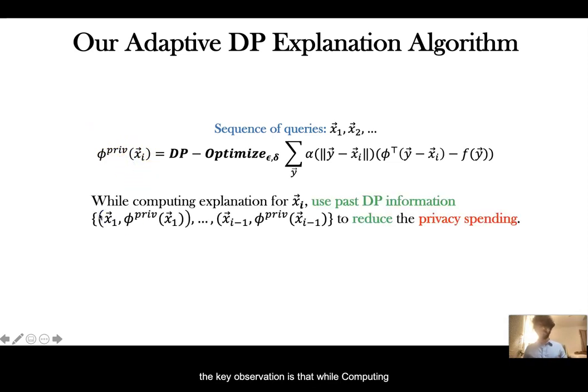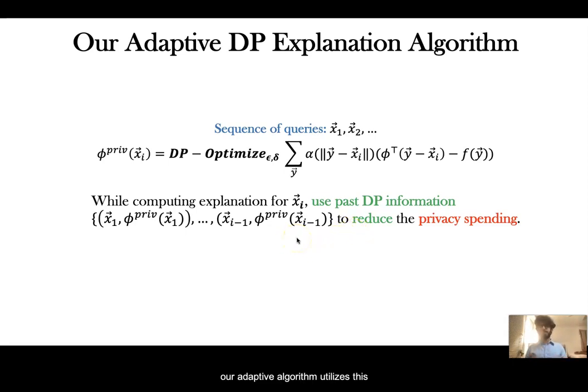The key observation is that while computing the explanation of data point xi, we can utilize past information released in explanations of previous queries to reduce the privacy spending, as it contains information about the underlying model, and this information was already released to the adversary with differential privacy.